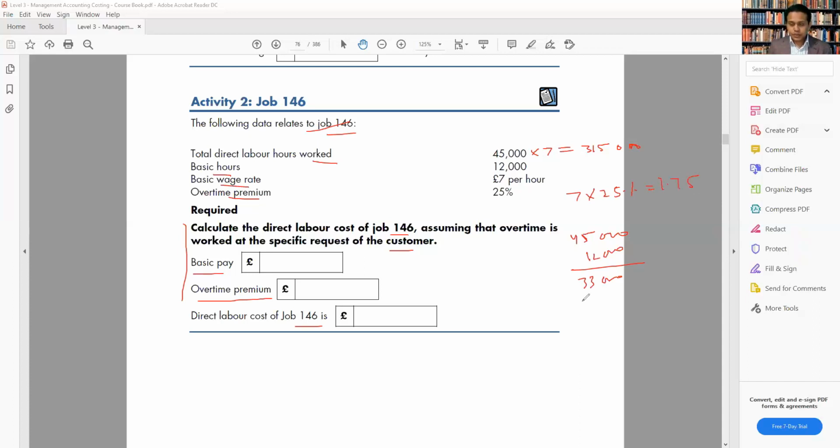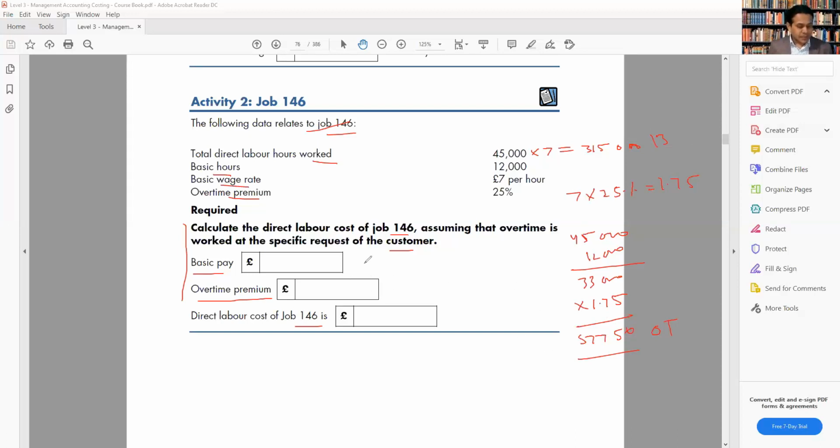So if I do 33,000 times 1.75, that will give me the overtime. That is 57,750. Very well done. So this is my overtime, and that's my basic pay.